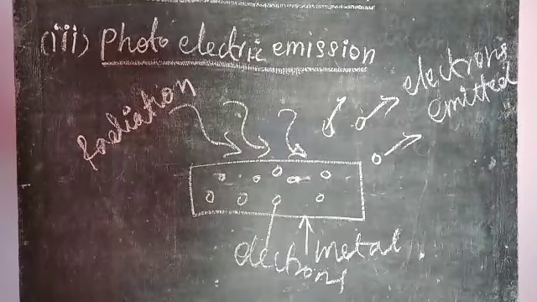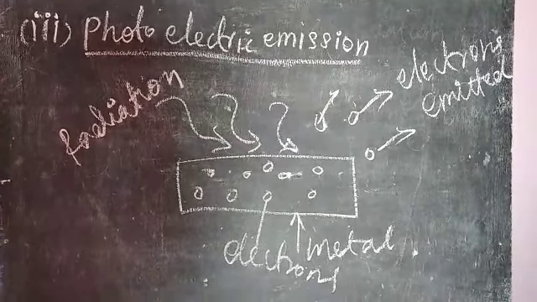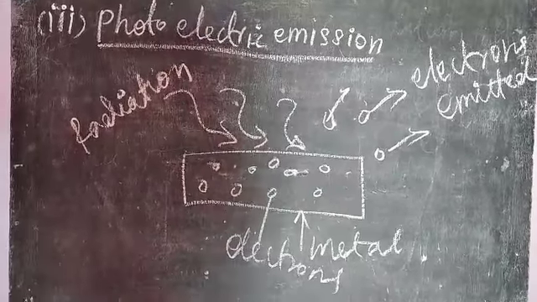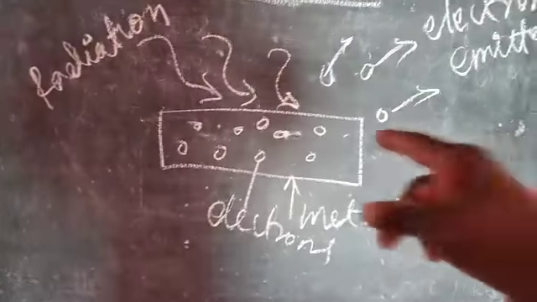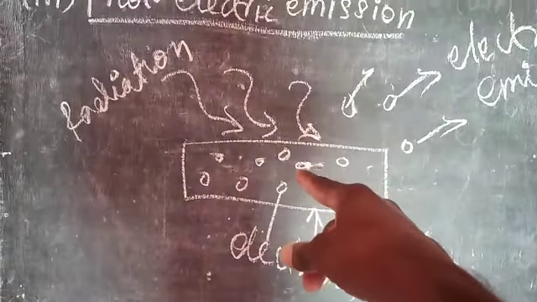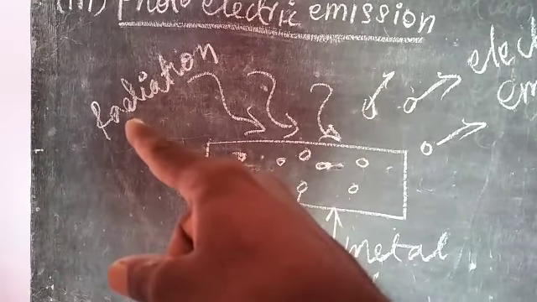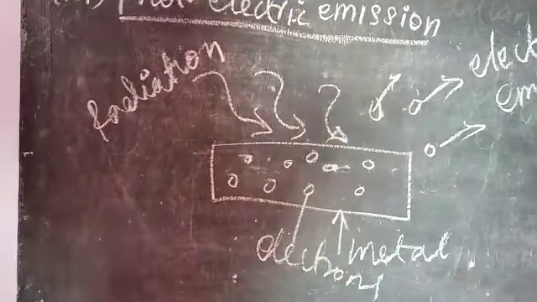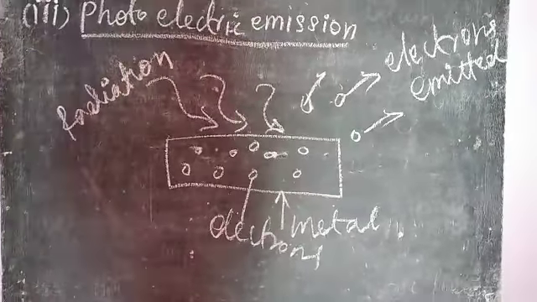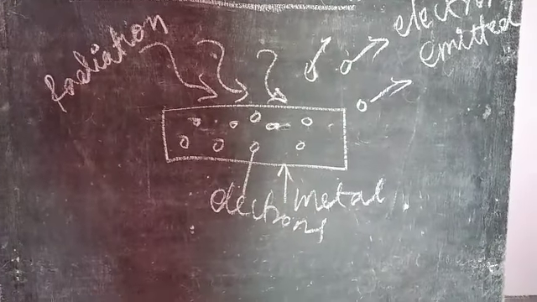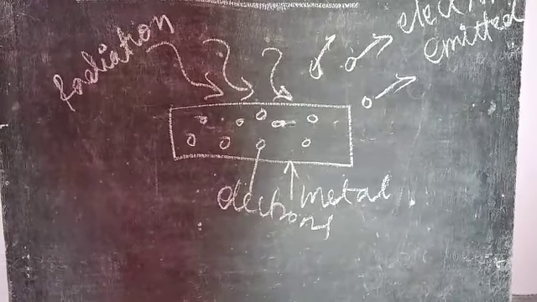Third type of electron emission is photoelectric emission. I already told you metal is made up of free electrons. Electromagnetic radiation, for example X-rays, ultraviolet rays, gamma rays, visible light.